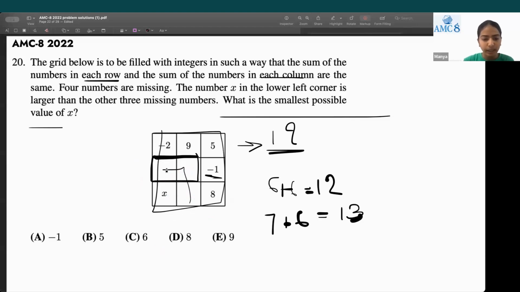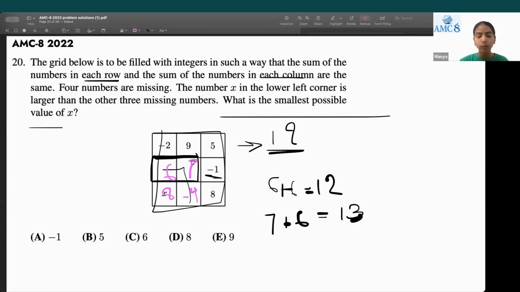Suppose we can do 6 here and 7 here. We want the smallest number. Negative 2 plus 6 gives us 4. And 4 plus 8 gives us 12. Then 8 plus 8 gives us 16, and so this will be negative 4.